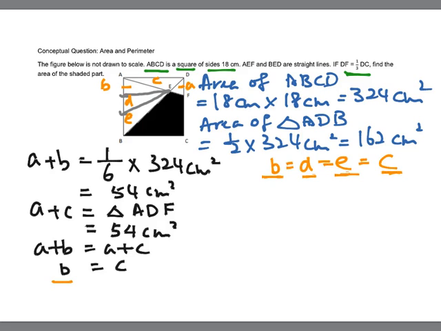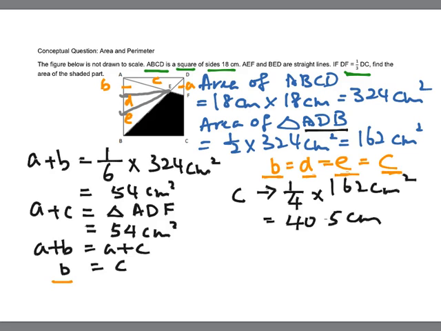If that's the case, C would then be 1/4 of the triangle ADB, which is equal to 40.5 square centimeters.